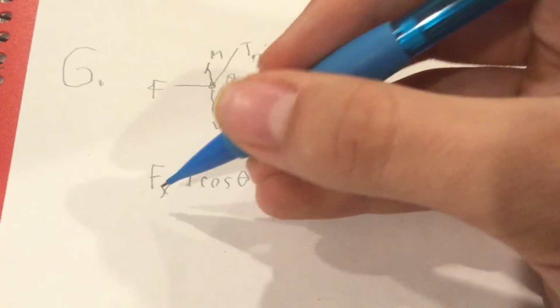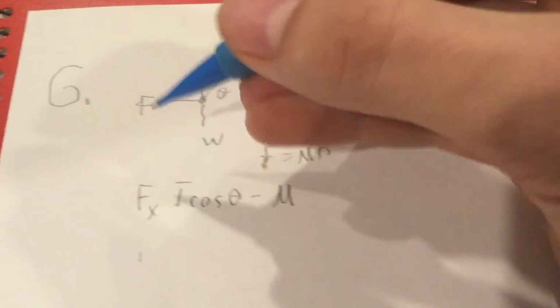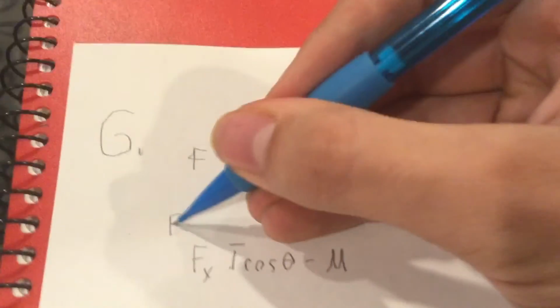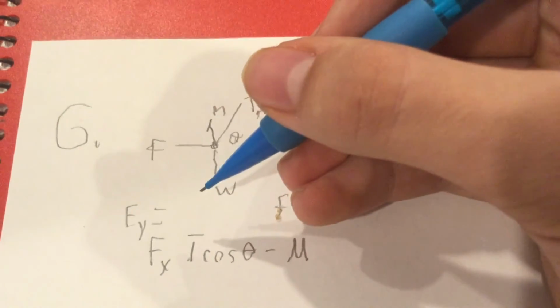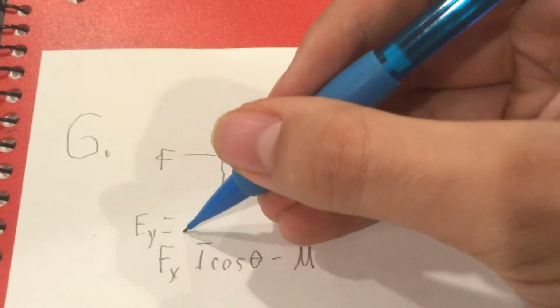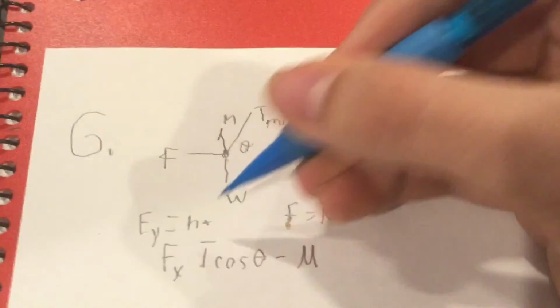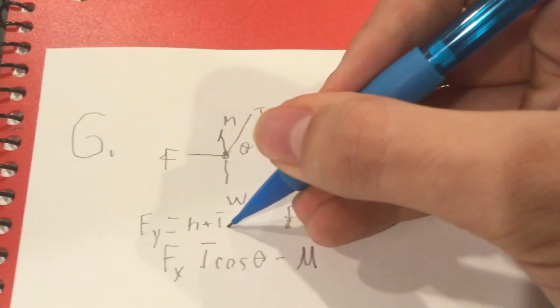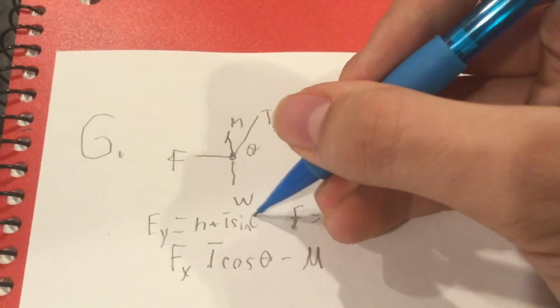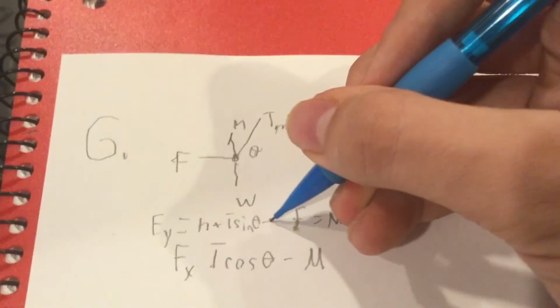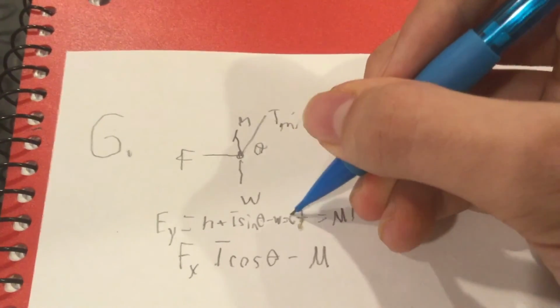We have Fy equal to normal plus T sine theta minus W equals 0.